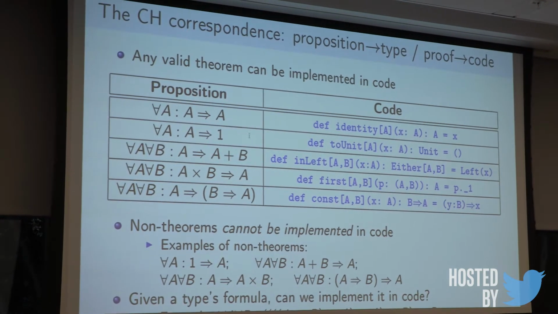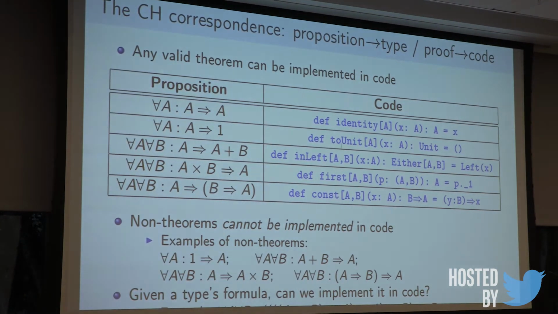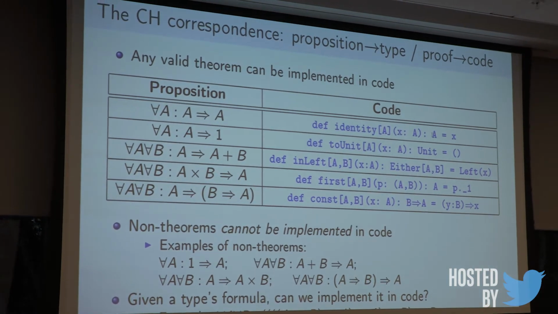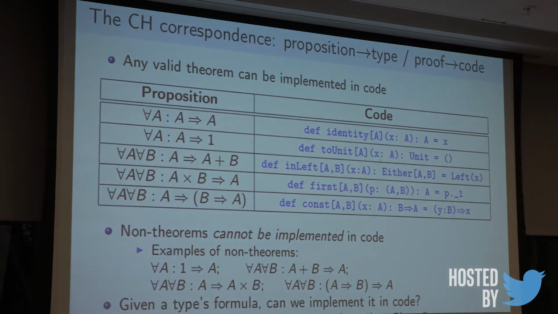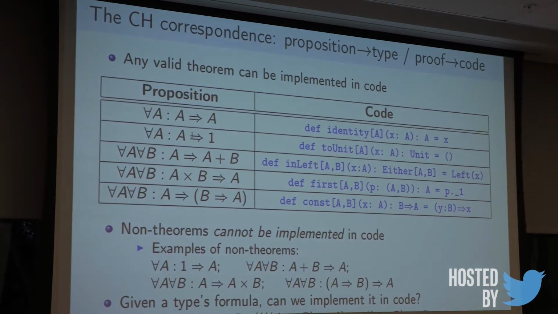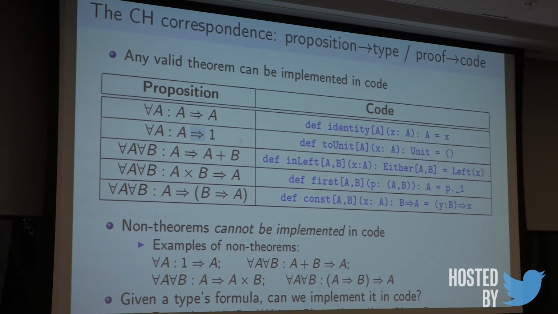Then there corresponds to it a type signature of a function, where instead of true, you have the unit type. Instead of entailment, implication, you have a function type. Instead of disjunction, you have the either type. And instead of conjunction, you have the tuple type.